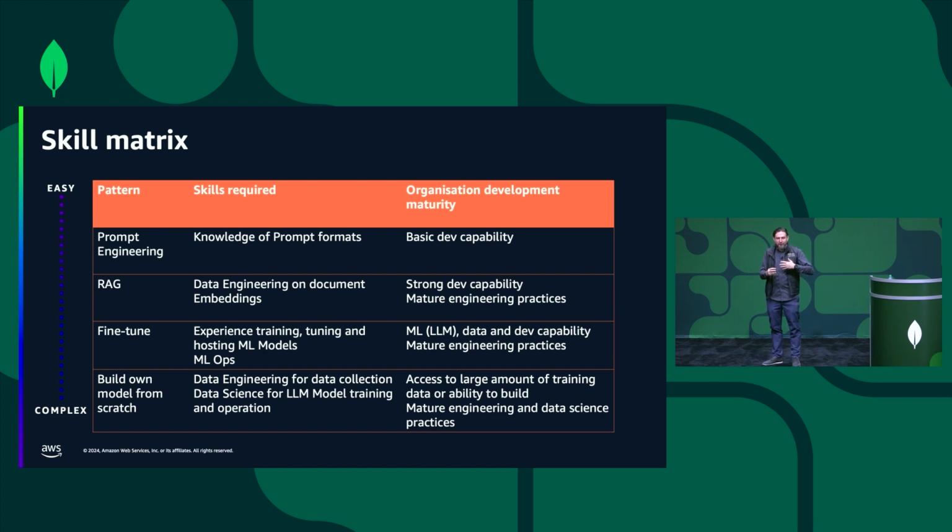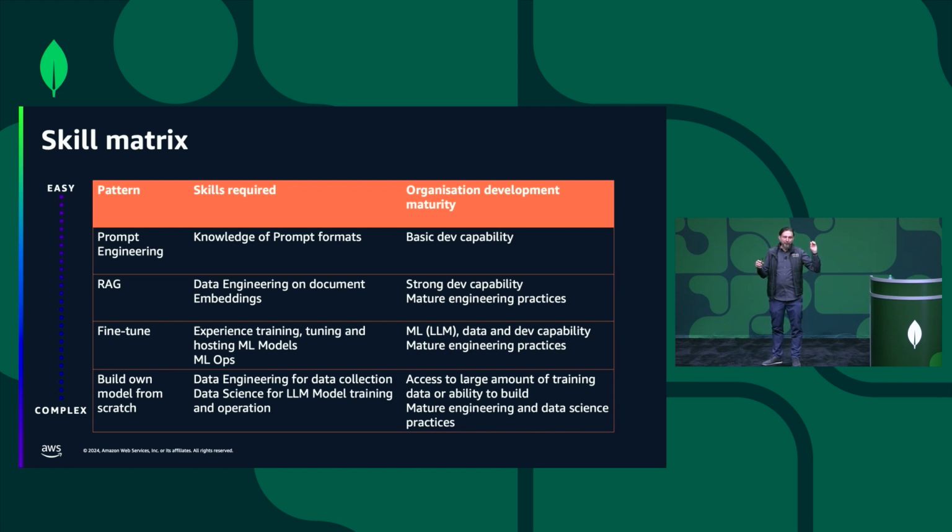Now, fine-tuning, you will get slowly into the machine learning space, where you need more data engineers, your data set needs to be curated, it needs to be tracked, you need to have several iterations of fine-tuning your model, and you have to have more mature engineering practices as well, because you now have a machine learning flow, and also you still have your engineering flow where CI/CD is happening.